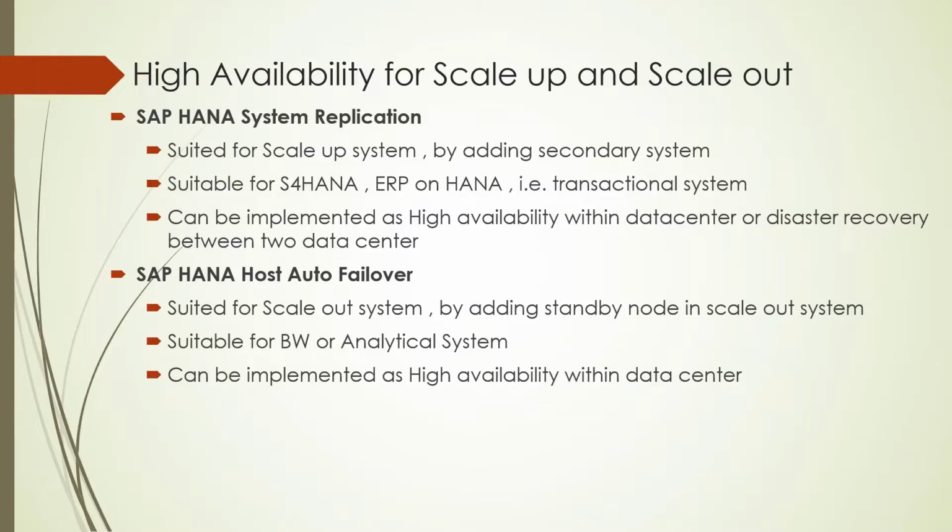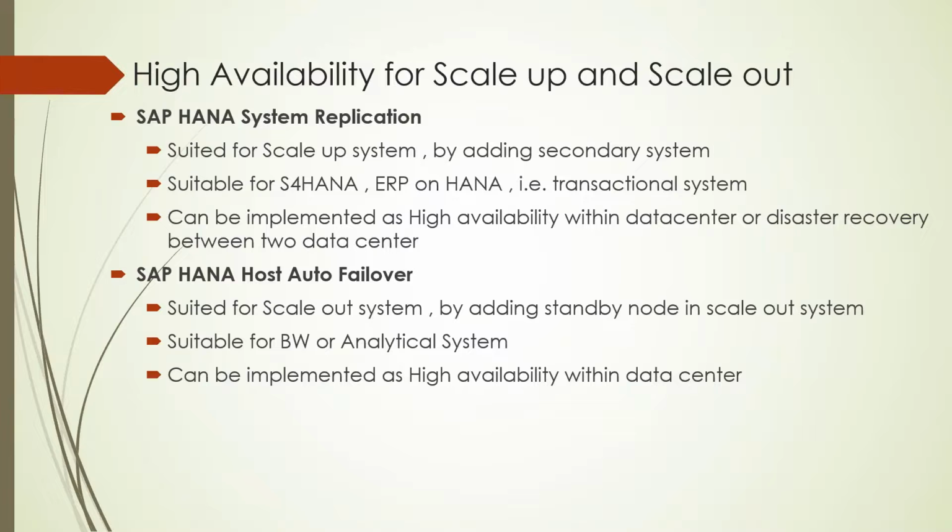High availability for scale up and scale out. If you want to achieve higher availability for your scale up systems, then SAP provides HANA system replication. SAP HANA system replication is suitable for scale up systems by adding secondary systems.